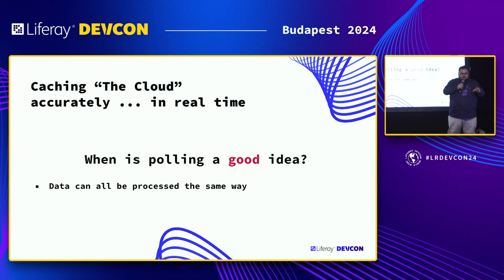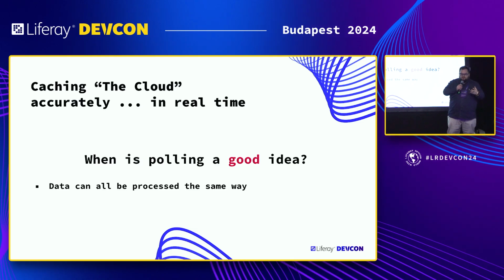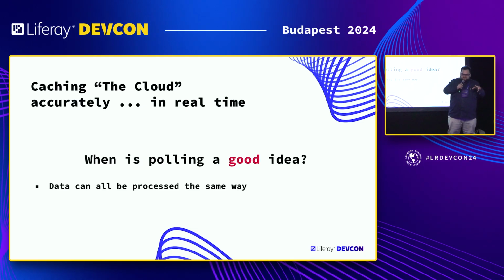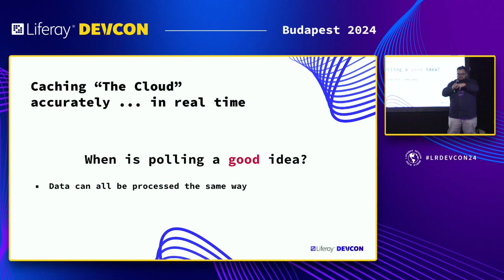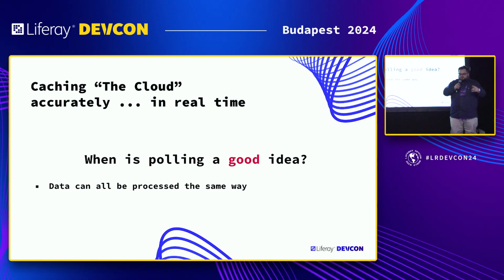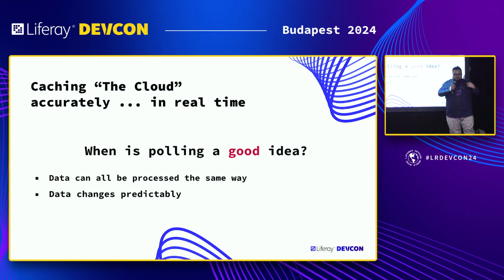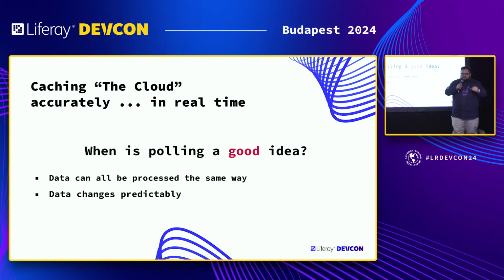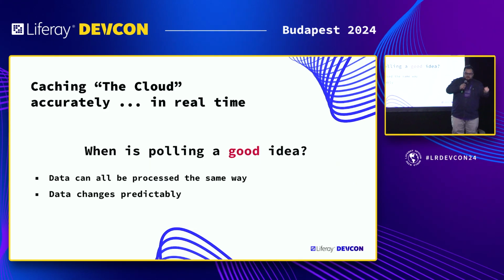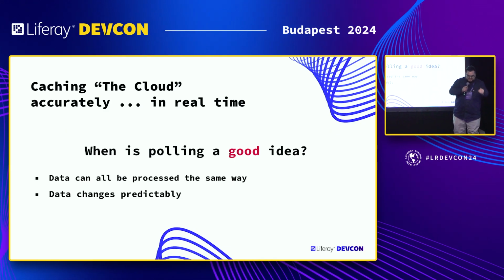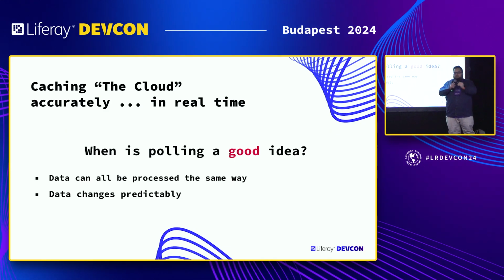If you have that, perhaps polling will make your job a little bit more difficult. If the data is more uniform, if it looks alike, it's easier for you to use the polling mechanism. Also, when data changes happen on a predictable schedule. So I know that my data will be outdated after X amount of time. So, okay, polling is a good idea.